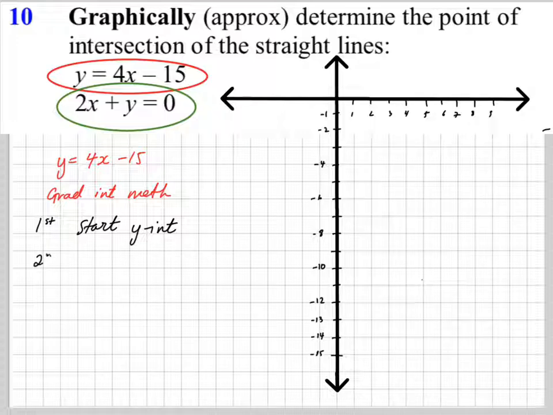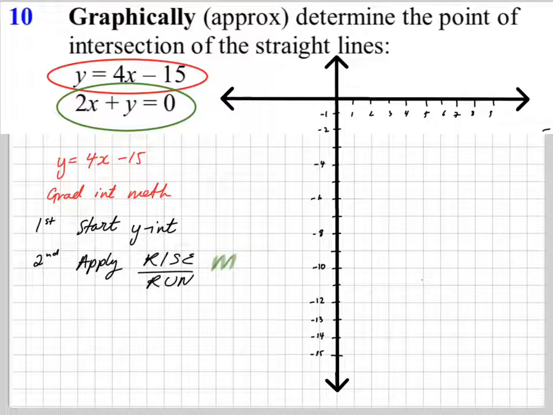Second, we apply our rise over our run. If our m is equal to 4, so we know our rise will be 4 and our run will be 1.